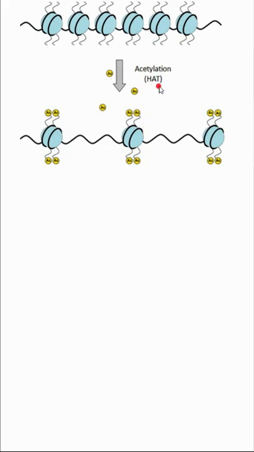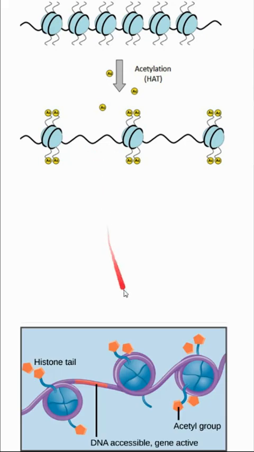And there is an enzyme that helps make this occur called the HAT enzyme. So when you have a lot of HAT, you have a lot of acetylation, which makes genes more accessible. So again, these histone tails can have acetyl groups attached to them and make the genes active, or at least make the DNA accessible for the transcription factors.